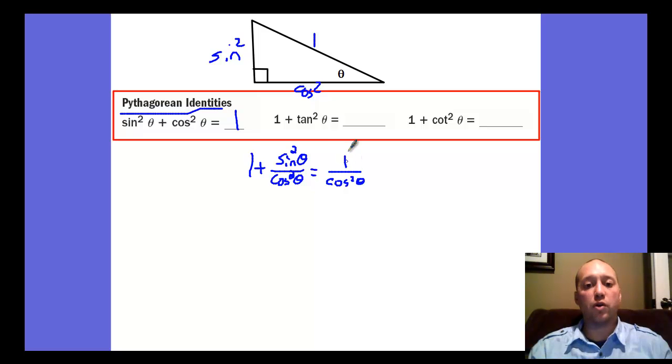That's 1 over cosine squared. So 1 over cosine squared is equivalent to secant squared. So that's how I memorize these, is that they have to have the same denominators when they're in quotient form. So 1 plus cotangent squared is going to be cosecant squared theta. And those would be the Pythagorean identities.